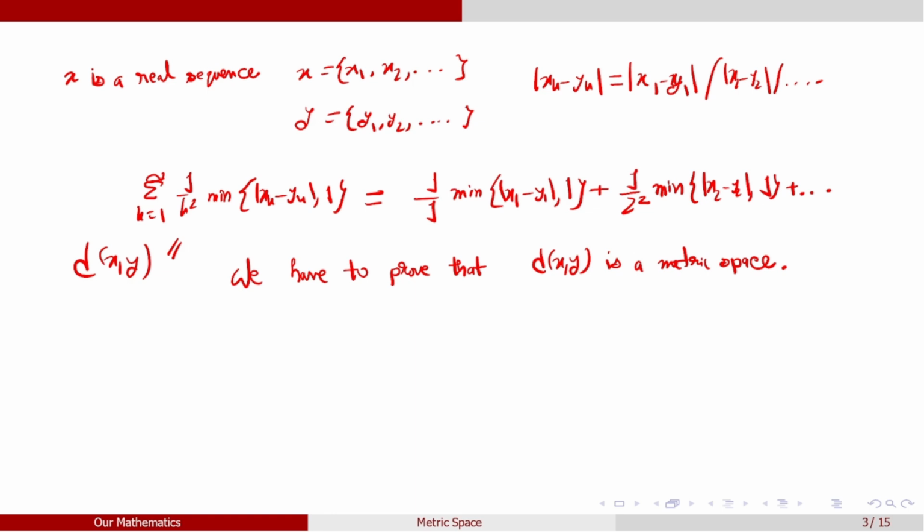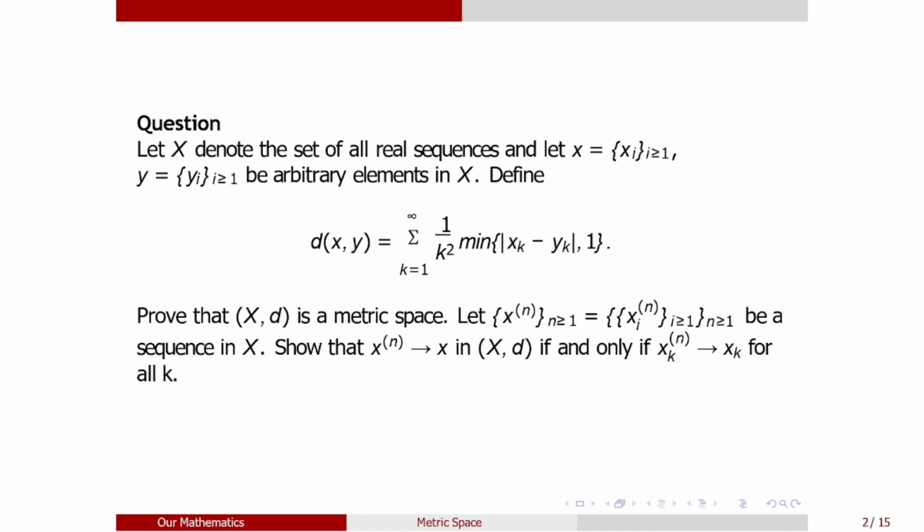Now let's move forward, and we will try to prove all the four required properties for a function to be a metric on a set, or a set with respect to a function to be a metric space. Now let's see the question once again. This is the question.